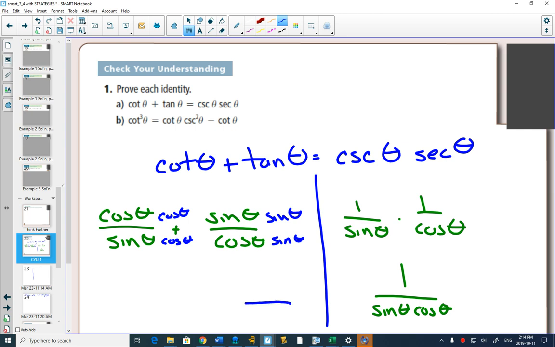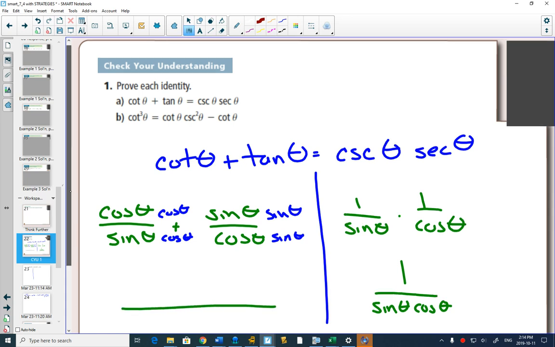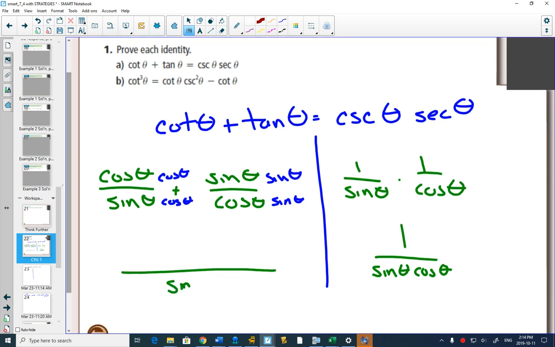That gets a common denominator of sine theta cos theta. And I can add my top. I will get cos times cos, which is cos squared theta, plus sine times sine, sine squared theta. So now I have got a single fraction on the left-hand side.